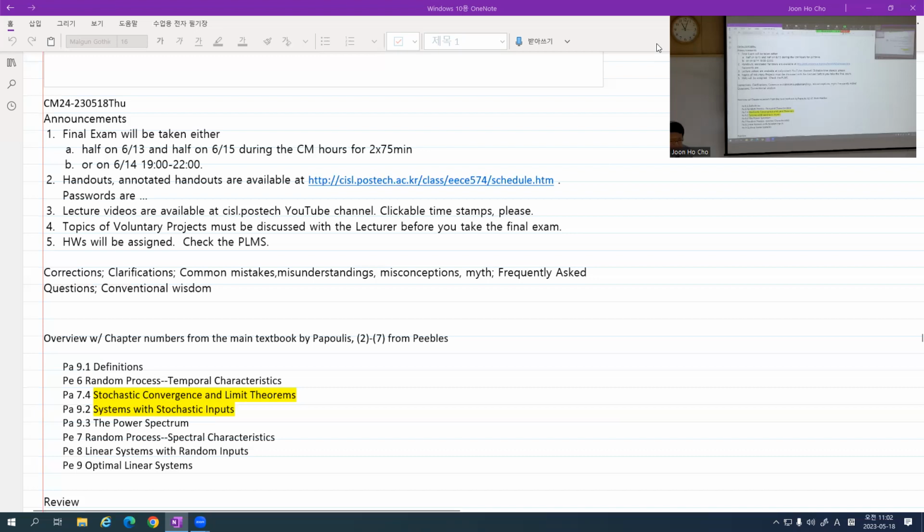As I repeatedly told you, the topic must be discussed before you take the final exam. Okay, it is not acceptable that after you take the final exam, you want to do a voluntary project. It's not acceptable.